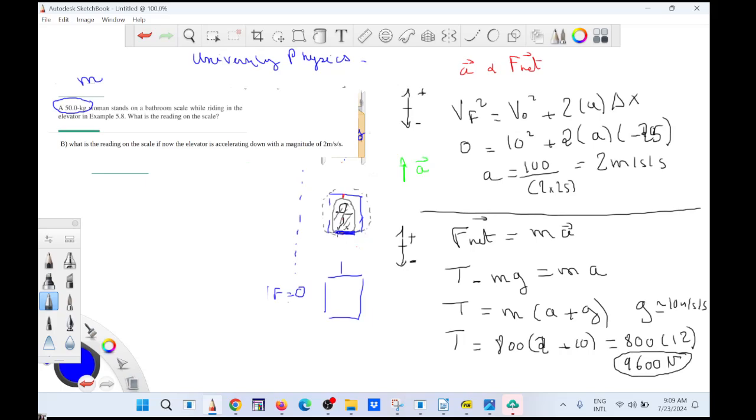What's going to be the reading on the bathroom scale? When you see bathroom scale, that means find the normal force, N. The normal force is like the support force. That means find the apparent weight.